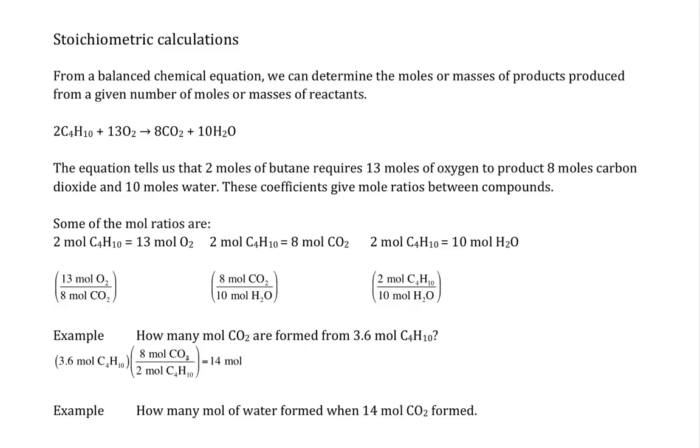Stoichiometric calculations. From a balanced chemical equation, we can determine the moles or masses of products produced from a given number of moles or masses of reactants. Let's take this reaction, 2C4H10 plus 13O2 yielding 8 CO2 plus 10 H2O.